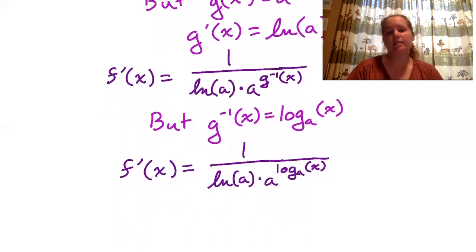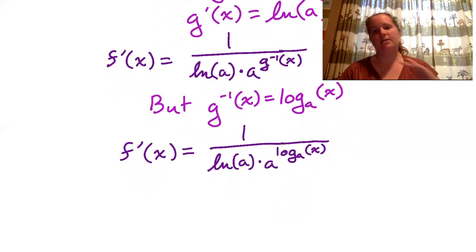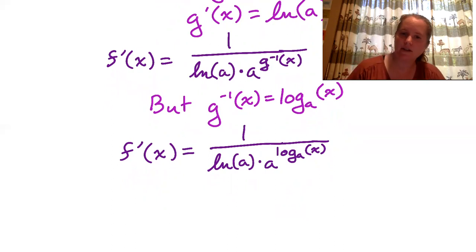Now again, the exponential a to the x and log base a of x are inverses of each other. A to the log base a of x is actually just x. So we wind up getting that this is 1 over x times the natural log of a.